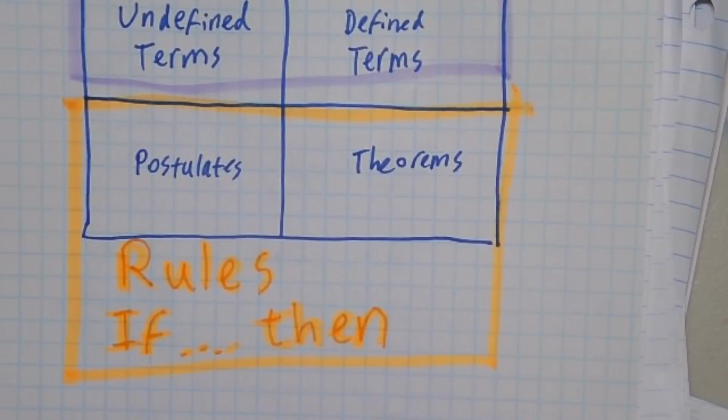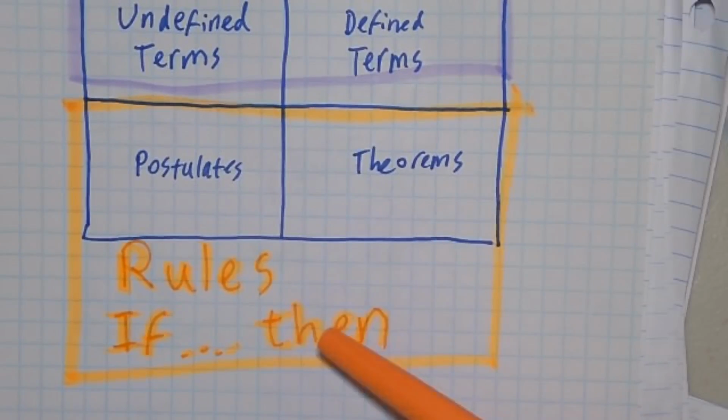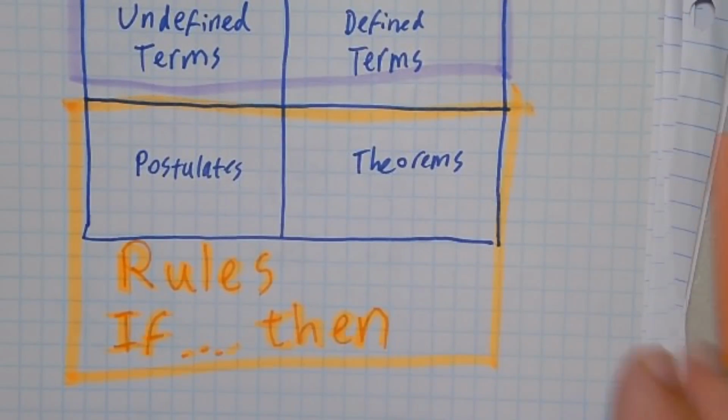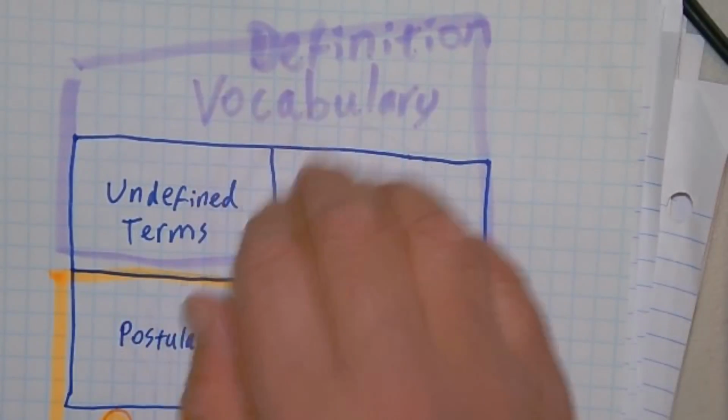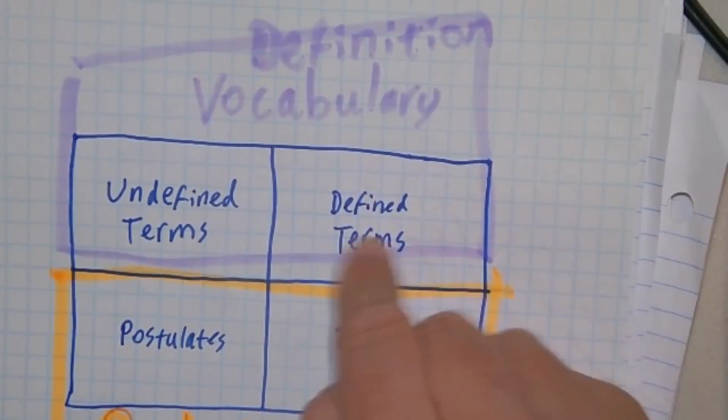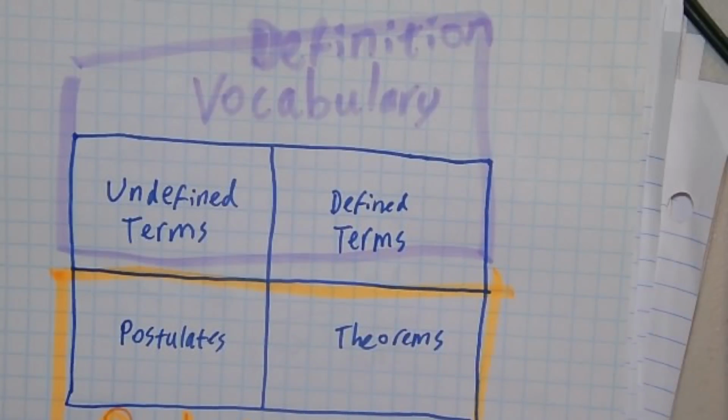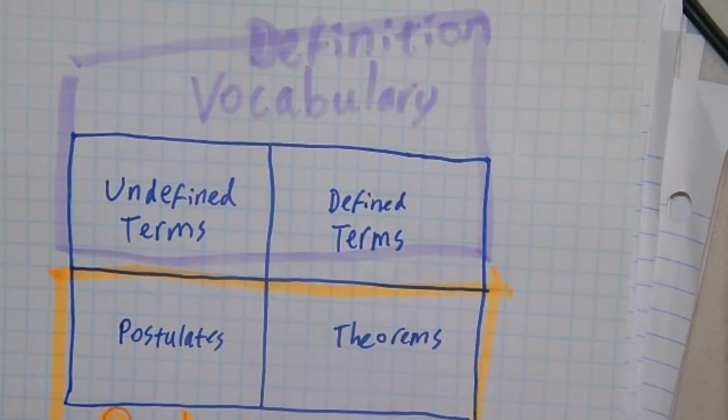If, then, and it's some sort of rule, like if I have this, I know something else about it. So these are vocabulary terms that we use to talk about geometry so that we know what we're talking about. And when it's the defined terms, we have those really specific definitions. Here we have the trust me definitions.